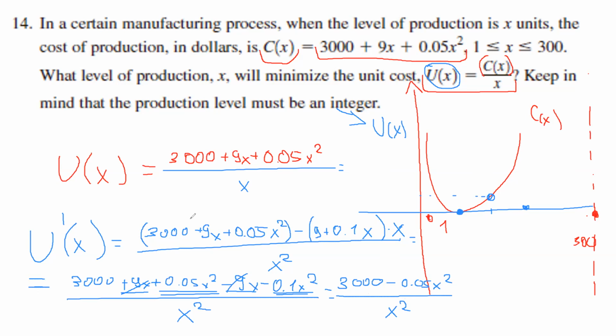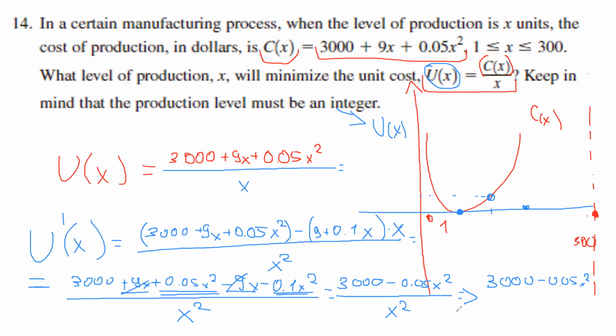So, okay, let's try to plug in x equals 0 in here, right? Right away we see that x cannot be equal to 0. So it means that upper part 3000 minus 0.05x squared should be equal to 0, you say, right?